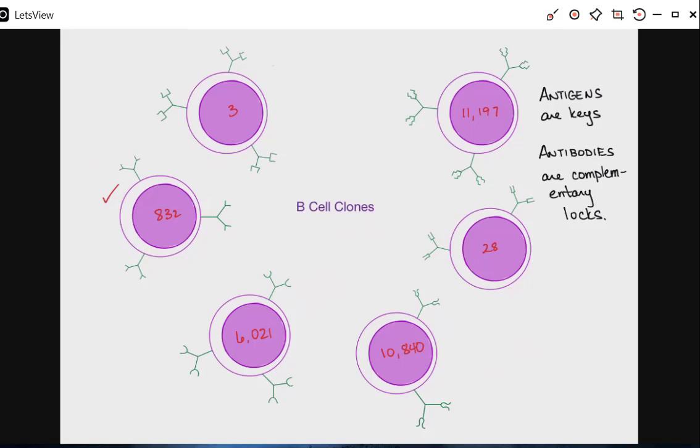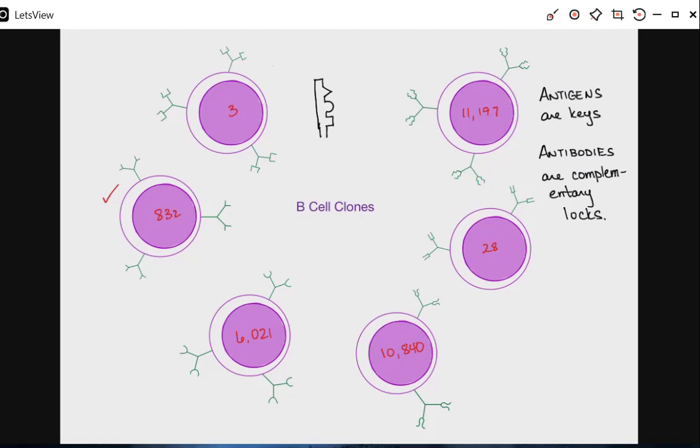So what it does instead is it tries to diversify its B cell portfolio by making as many different locks as possible, so that when presented with one random key, you hope that there is an antibody out there that's going to match it pretty closely. The only way that you can hedge your bet, so to speak, is to make lots and lots of different antibodies.